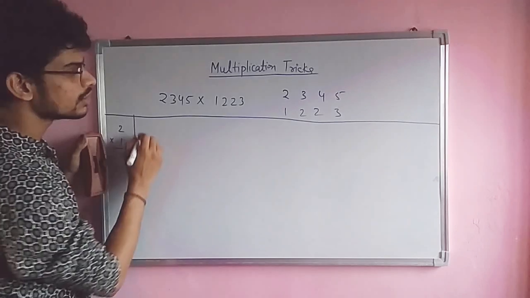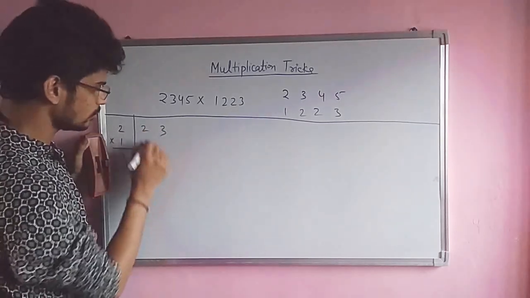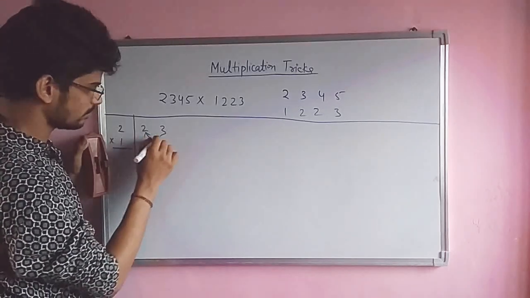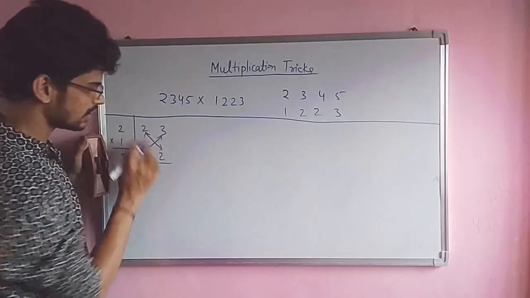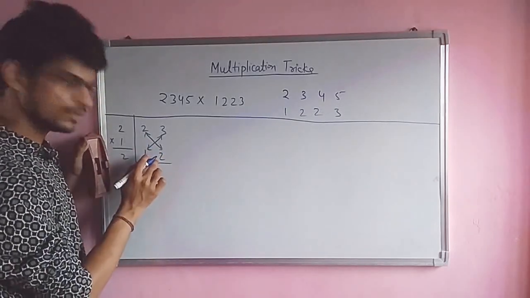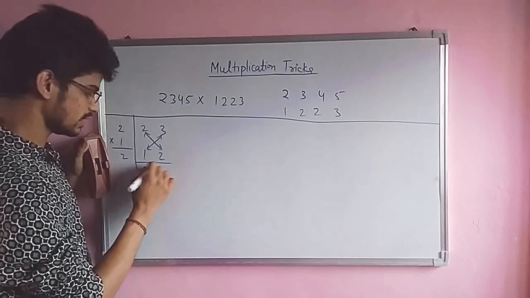Here's 2, 1, 3, 2. Cross multiply the numbers. 2 multiplied by 2 is how much? 4. 4 plus 3 multiplied by 1 is 7.